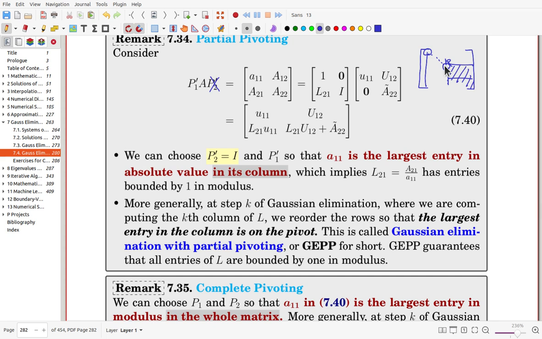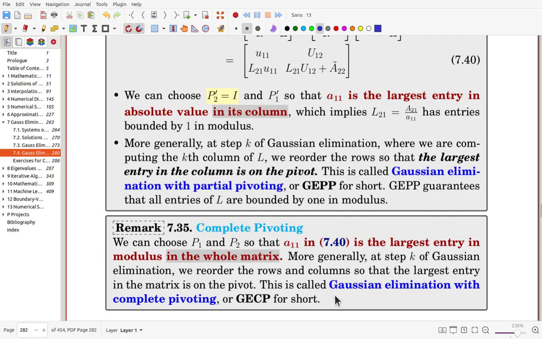In this way, we get pivoting. Such a pivoting technique is called complete pivoting, and the algorithm is Gaussian elimination with complete pivoting. It's not very popular. With partial pivoting, we can do things quite nicely, so complete pivoting is not really necessary in most cases. Okay.